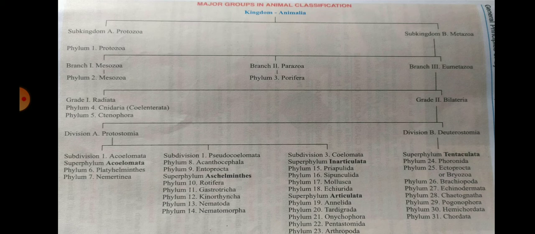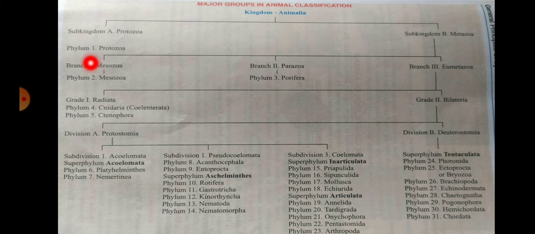Kingdom Animalia is the group of the animal kingdom. It contains all the fauna of animals in this classification. This kingdom Animalia is divided into two subkingdoms, that is, subkingdom Protozoa and second, subkingdom Metazoa. Subkingdom Protozoa consists of one phylum, that is, phylum Protozoa.